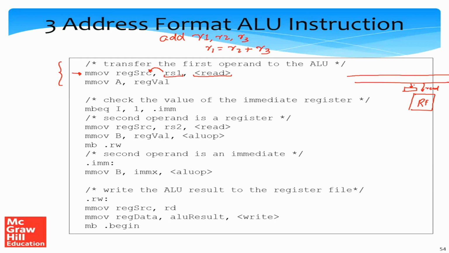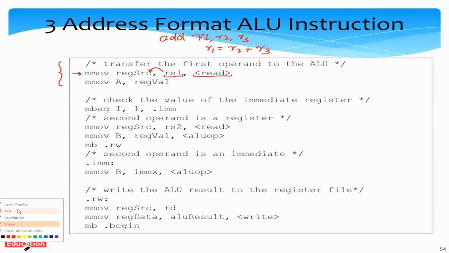So the register R2, that ID is coming. It is going into the reg source micro register, and simultaneously it is going into the register file. And so basically we are doing a register file read access also simultaneously. So we are doing two things. Maybe this diagram is small, so let me draw it once again. So it's very important to appreciate that we are actually doing two things over here. So let me draw the shared bus once again.